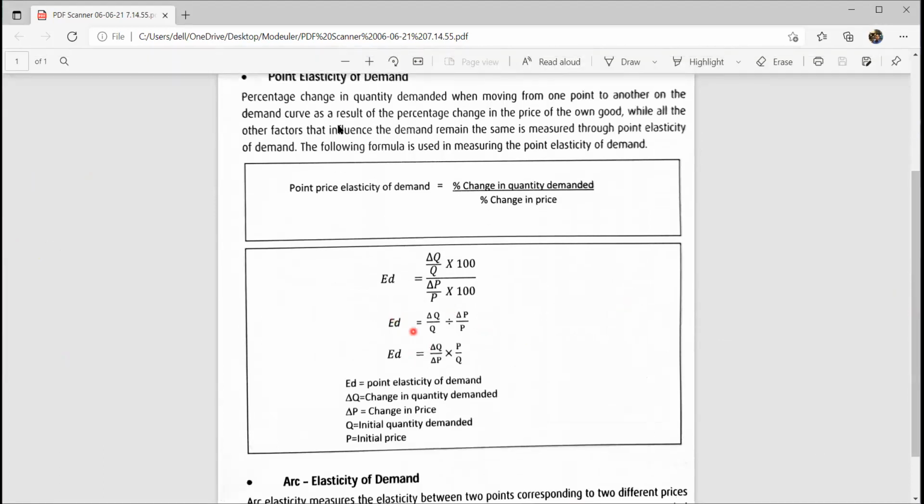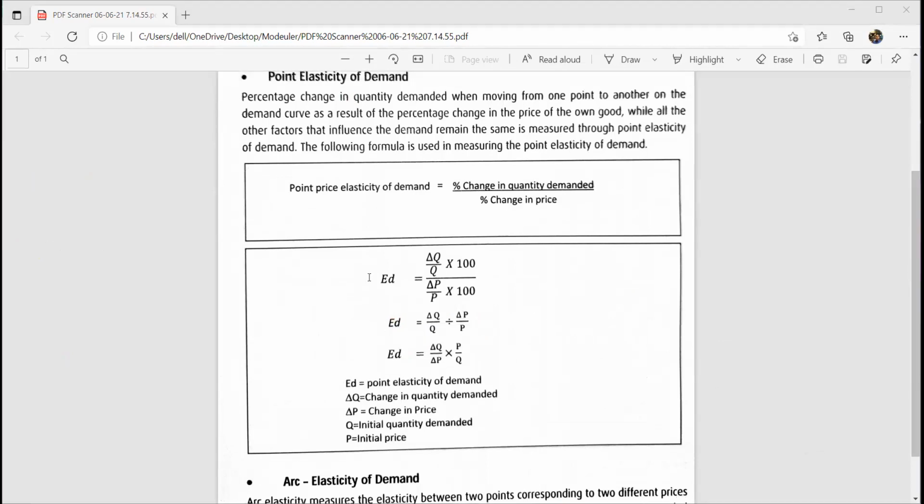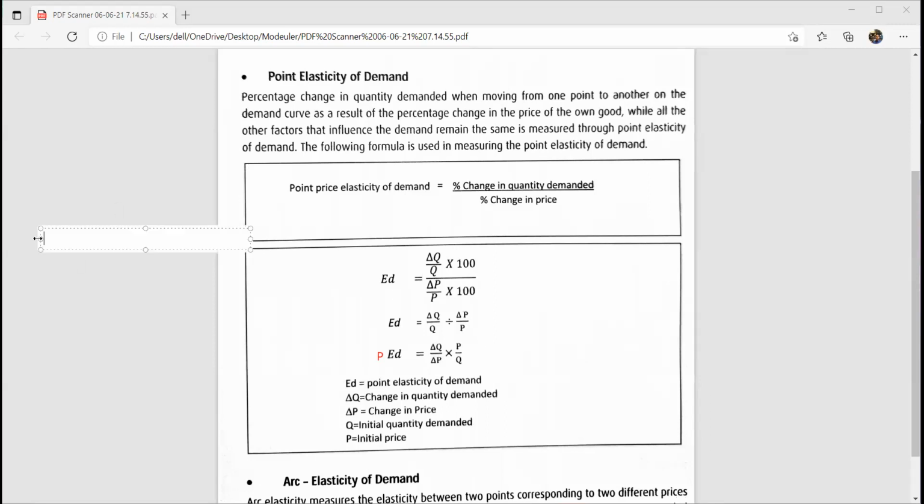Price elasticity of demand, PED, is measured as percentage delta Q over delta P into P over Q. If we look at the same table what I drew before, price and the quantity demand. Price was at 5, quantity demand is 100, price is 10, quantity demand is 80. So right now I can substitute to this formula.